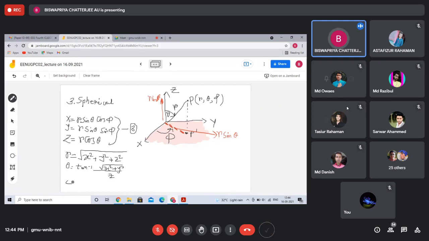And phi will be the same. It will be tan inverse y by x.